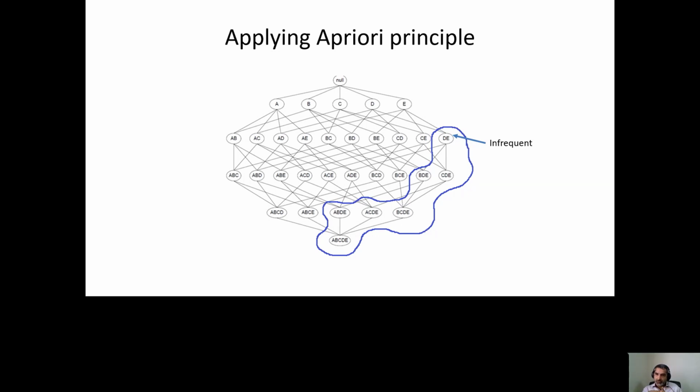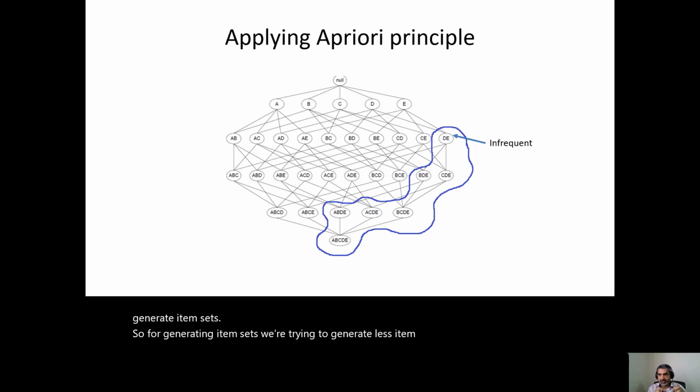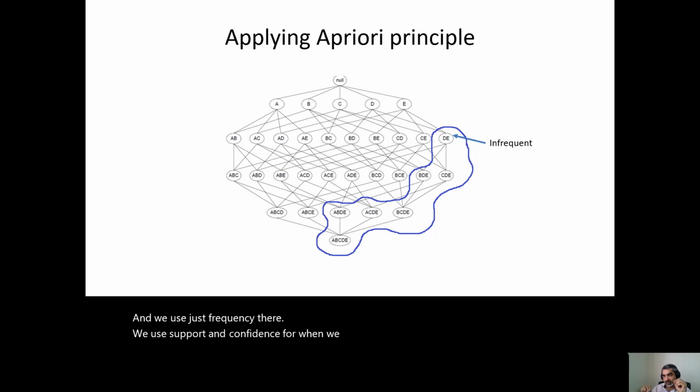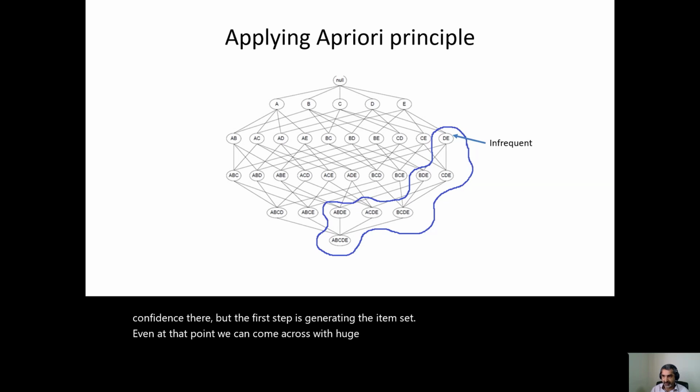Well, for support and confidence, we need to have a rule. But before having a rule, we need to generate item sets. So for generating item sets, we are trying to generate fewer item sets, and we use just frequency there. We use support and confidence when we have rules. But the first step is generating the item set. Even at that point, we can come across a huge number of things to check.